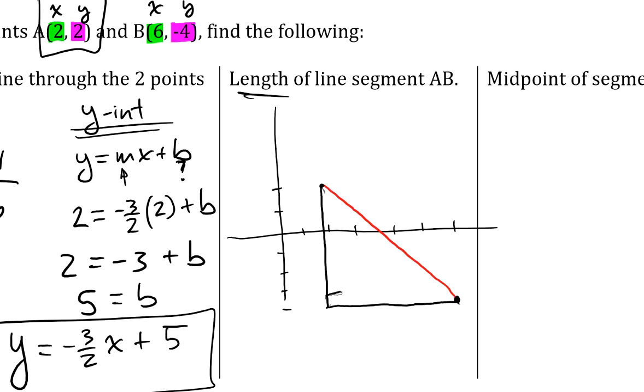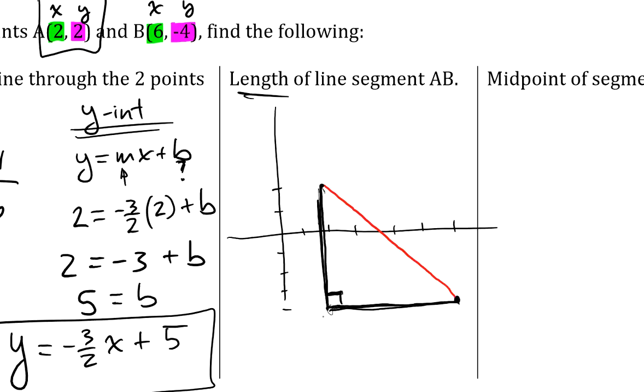And I know that this is a right triangle because it's got a vertical line that's parallel to the y-axis, and it has this horizontal line that's parallel to the x-axis. This vertical line has a length that is exactly 1, 2, 3, 4, 5, 6 units. How do I know that it's 6 units long?